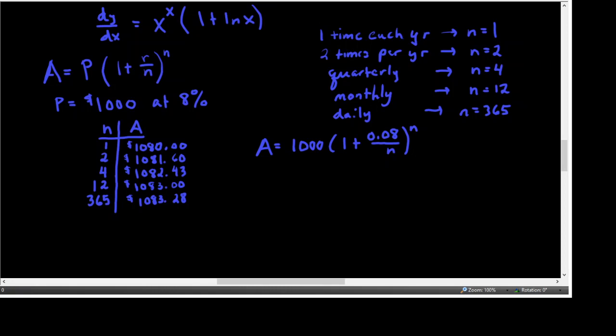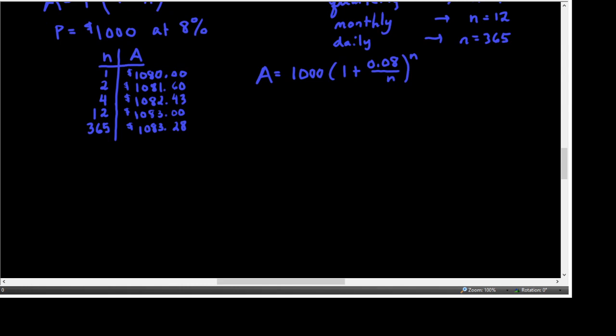Like from 1 to 2, it went up by $1.60. But from 12 to 365, where n was increasing a whole lot, it only went up 28 cents. So as n gets bigger and bigger, the difference in what you're getting is decreasing. And so, in other words, there's probably a limit to this.